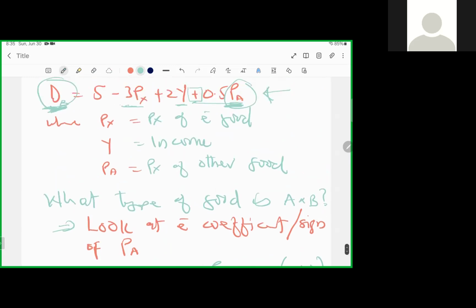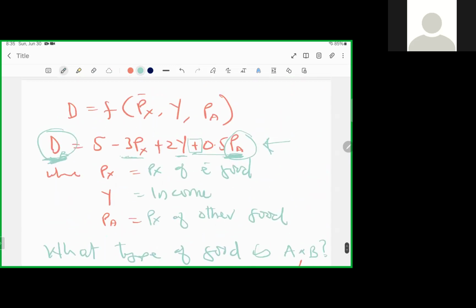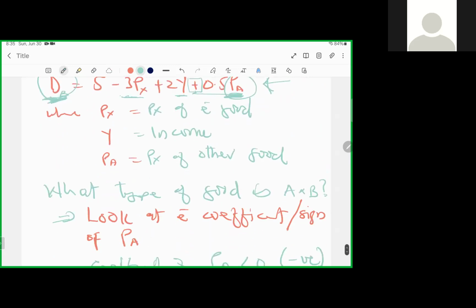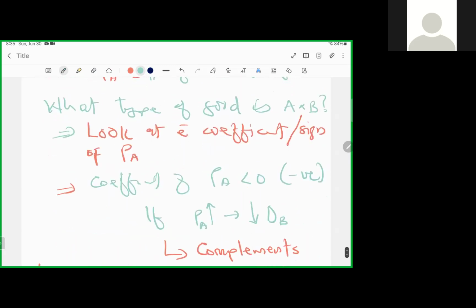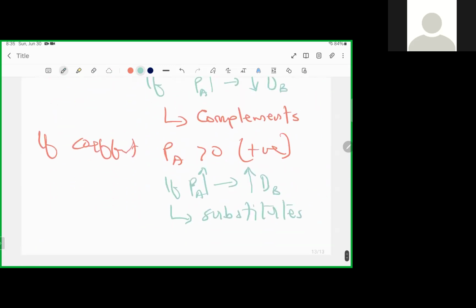So please note, if you find a demand equation and the coefficient is either positive or negative, know that the type of good is complement if the coefficient is negative, and it is substitute if the coefficient is positive.